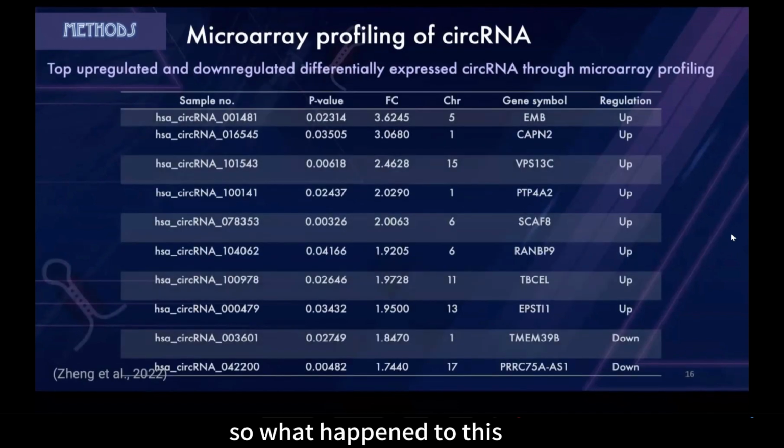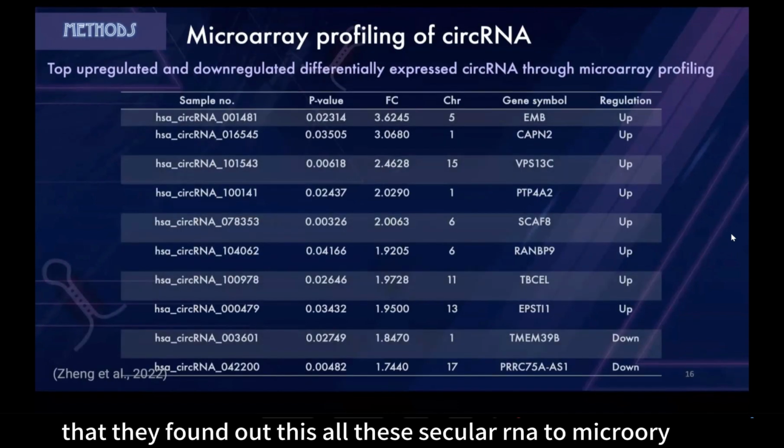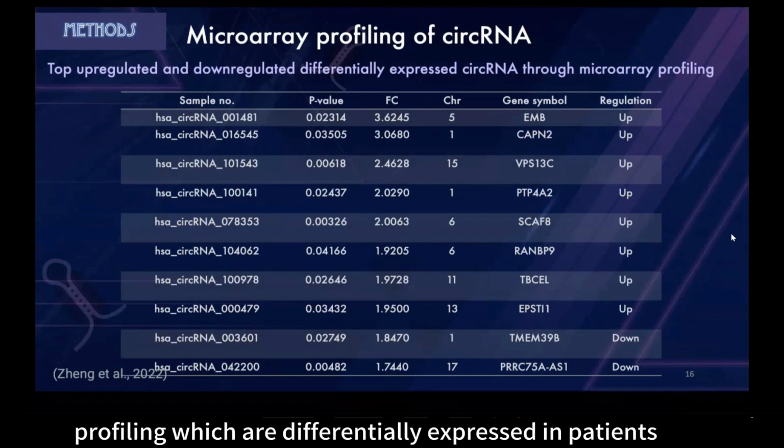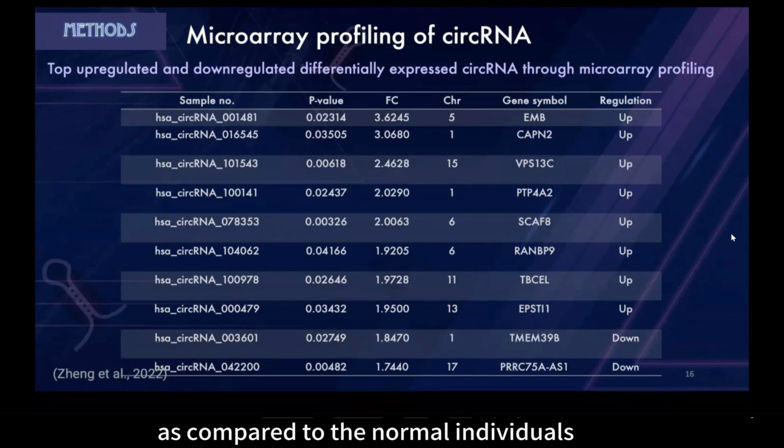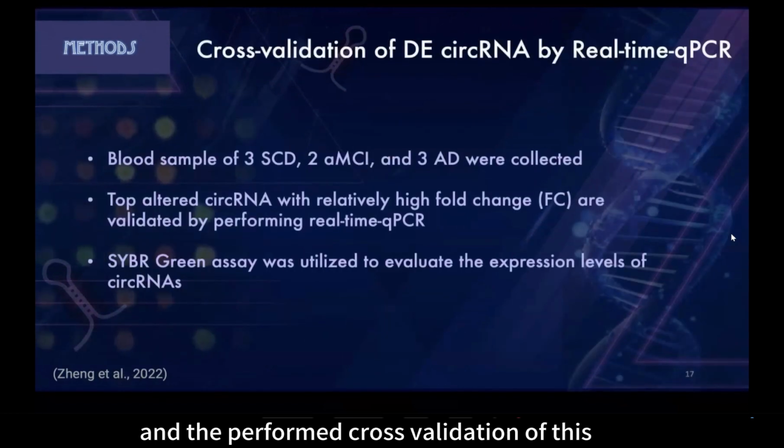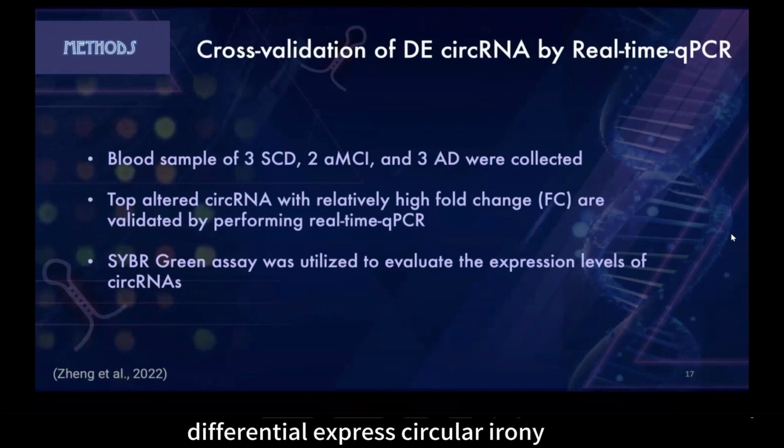So what happened in this study is that they found all these circular RNA through microarray profiling, which are differentially expressed in patients as compared to the normal individuals. And they have performed cross-validation of these differentially expressed circular RNA as shown in the previous slide.